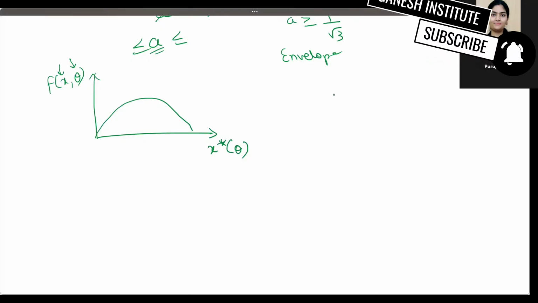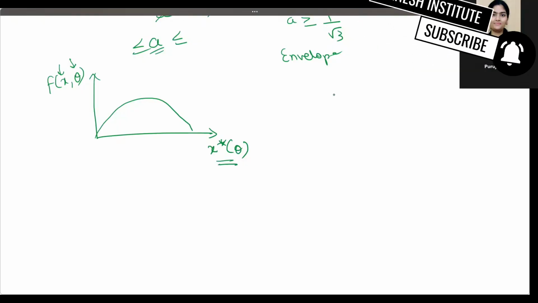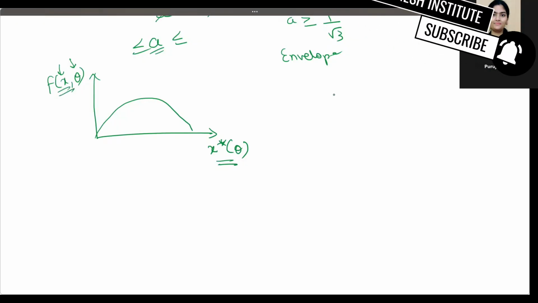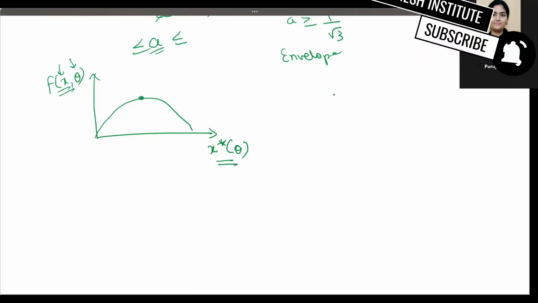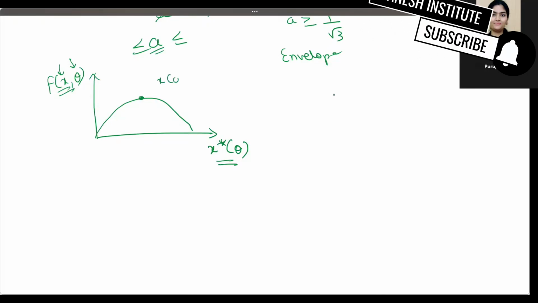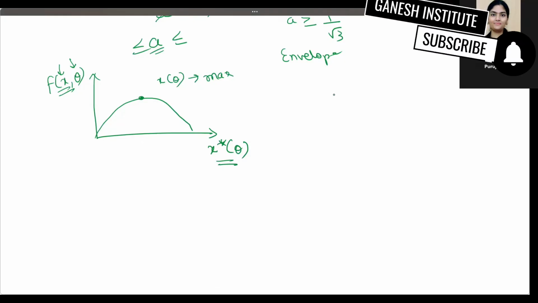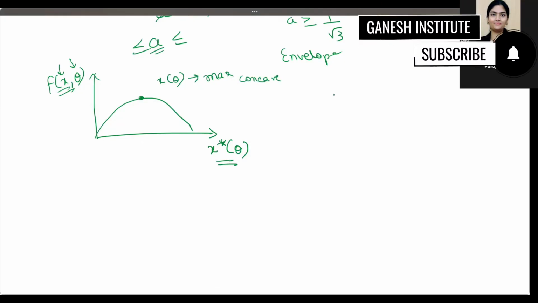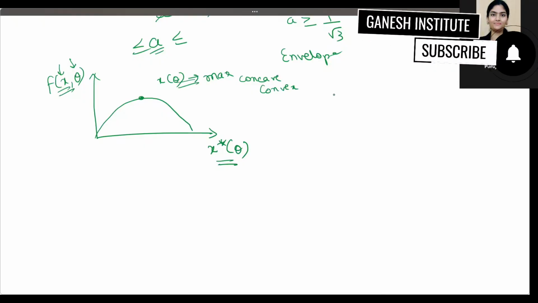When you make a graph of this, putting x(theta) into the function, you will get the values and plot the graph. You will find a point which is actually the maximum. Why maximum? Because the function is concave and all those constraints have to be convex.